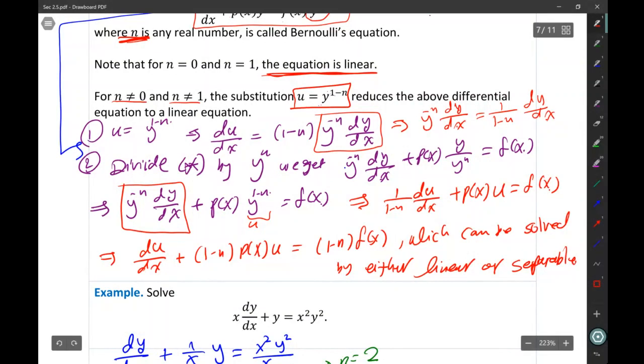This equation now becomes linear or separable with respect to u and x.